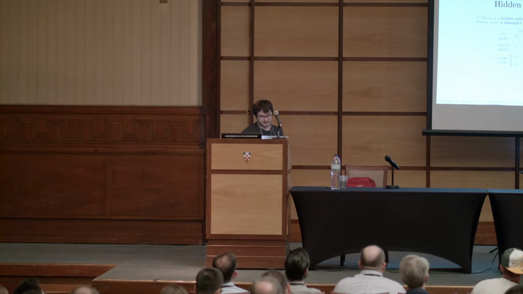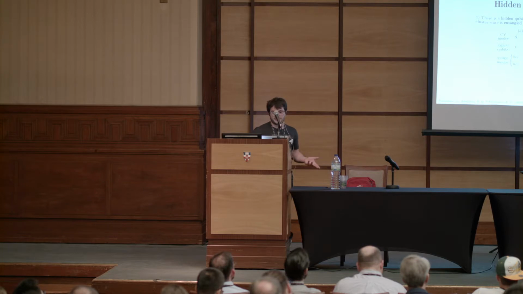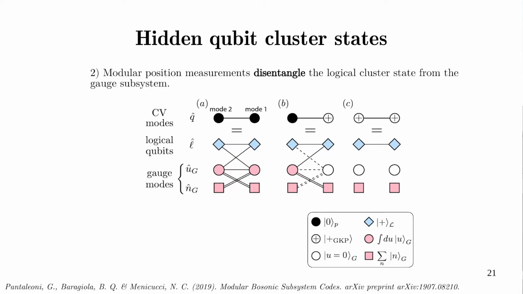Now, how do we retrieve the logical information? Well, the key is in the code itself. We need to pick a code. And it turns out that modular position measurements, that is attaching a GKP ancilla, so an encoded ancilla, and measuring, can be reinterpreted in this formalism as just a disentangling operation.